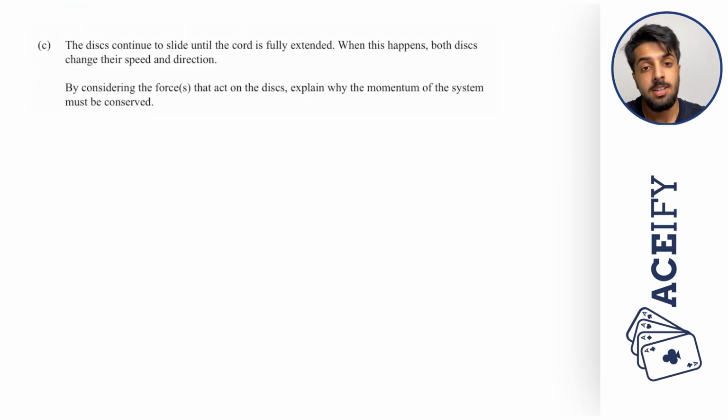There we go. The discs continue to slide until the cord is fully extended. When this happened, both discs change their speed and direction. By considering the forces that act on the discs, explain why the momentum of the system must be conserved.